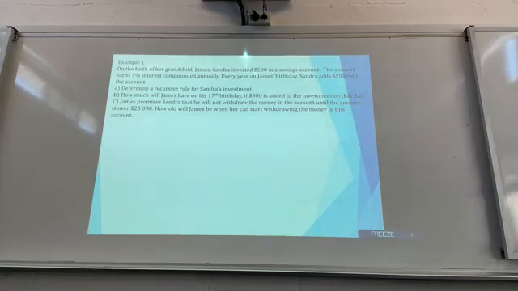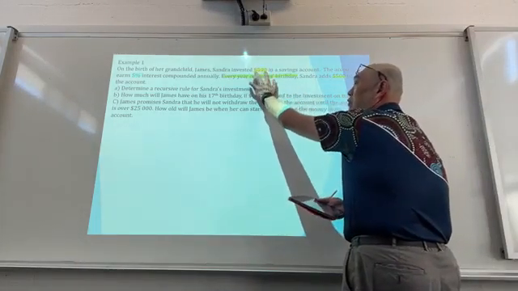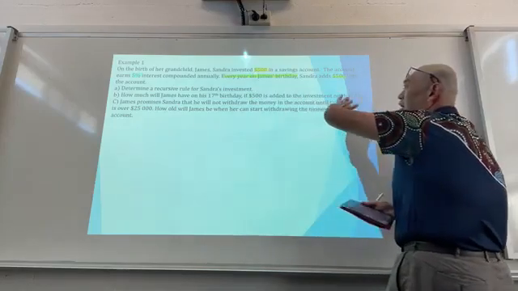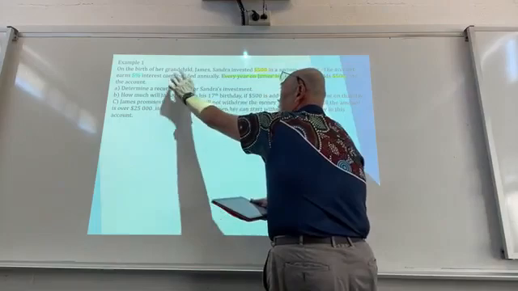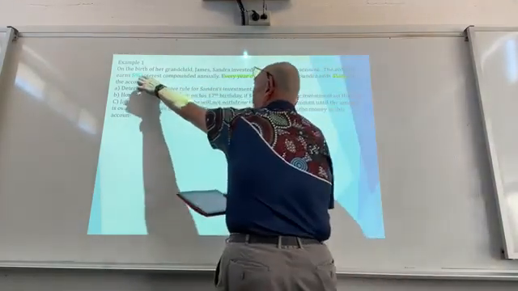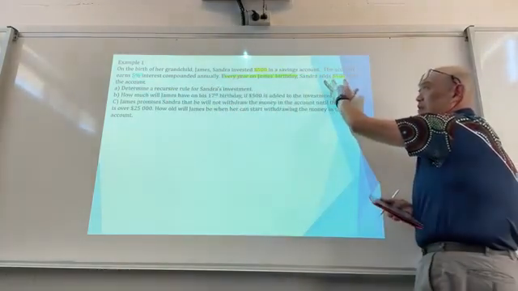Now, when I look at a question like this, I highlight the important things. For example, invested $500. You know that there will be a number that you need. Then the account earned 5% interest compounded annually. Another important piece of information is that every year $500 is added.